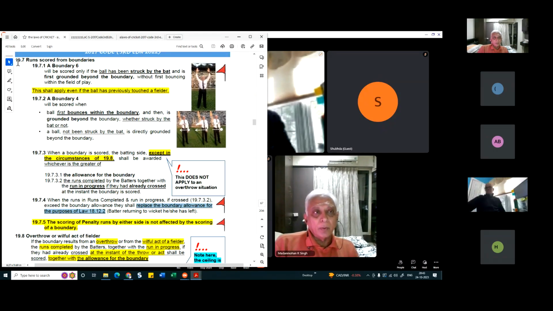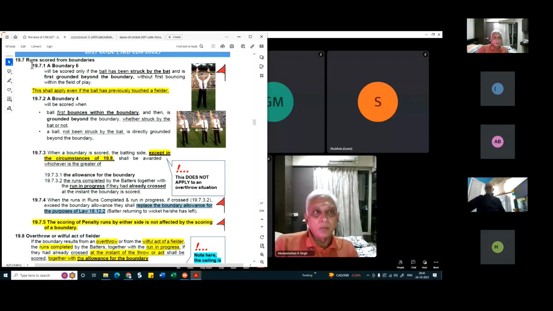See here in 19.7 we have when a boundary is scored: it must be struck by the bat and must reach there without bouncing on the ground. And a boundary 4, if the ball first bounces within the boundary, whether struck or not, it is 4 runs.